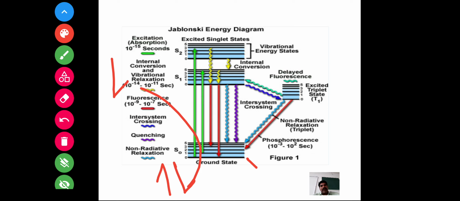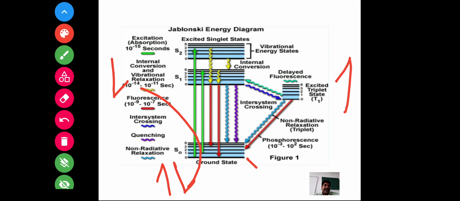So, the process of absorption of energy to reach S1, S2 is called excitation. The process of release of energy in the form of light from S1 to S0 is called fluorescence. Sometimes what may happen, the spin of the electron may be reversed while crossing from S1 to T1.